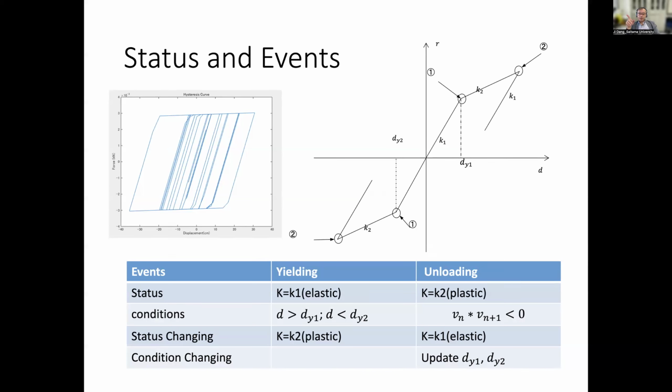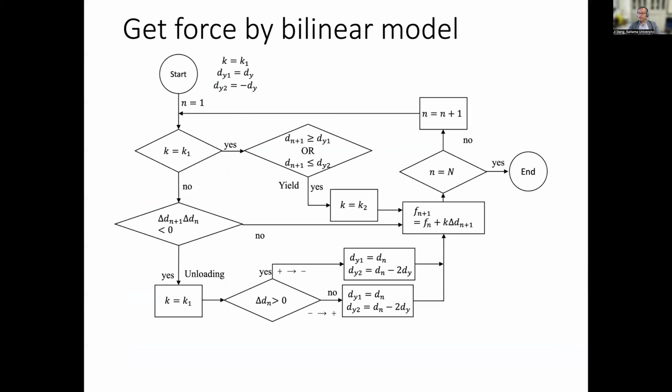The status is 1 yielding, 2 unloading. The condition for yielding is larger than dy1 or smaller than dy2. The unloading is Vn multiplied by Vn plus 1 smaller than 0. And what we change is k equals k2, or k goes back to k1, and we also update dy2. So I summarize this in this bilinear flow chart, okay?